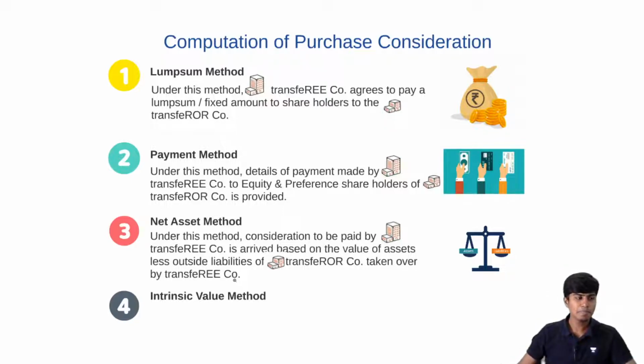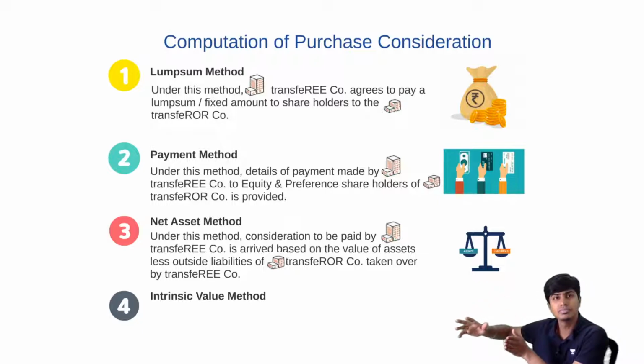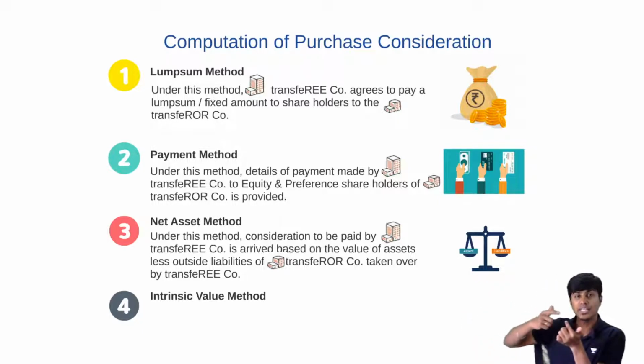What is this? Now, to understand this, you need to go for a little backstory. Whenever you go for merger, one company is liquidating and the shareholders of that company should get shares in the other company. Agree? Whenever the shareholders of the transferor company get the shares of the transferee company, in what proportion do they get them?